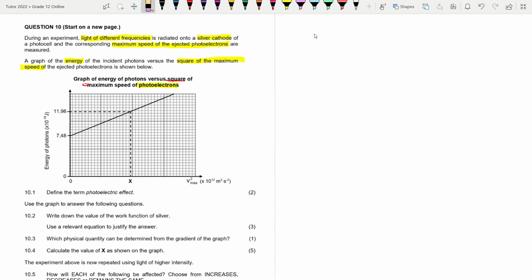Sorry. Okay, what are photoelectrons? Repeat. What are photoelectrons? The electrons that are ejected from a metal surface when you shine light, a photon. Good. So all you have to know, photoelectric effect.